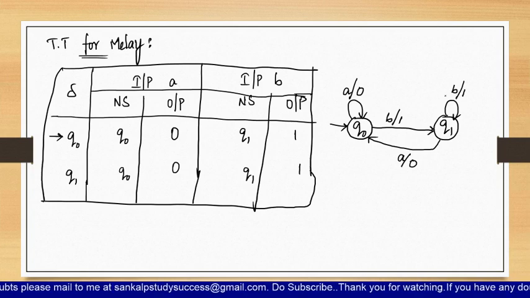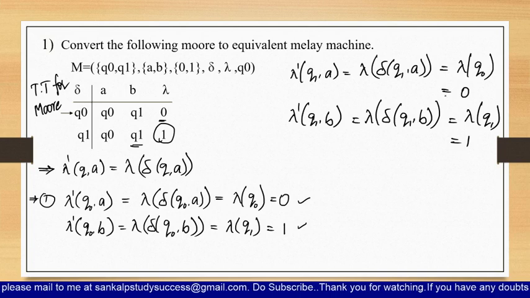So what is the first thing we do here? For the Moore machine, we will be having an equivalent Mealy machine, and it is a 6-tuple notation, right? All the tuples are the same except lambda, which is the output function. So we need to find out the lambda dash in order to know the Mealy machine.